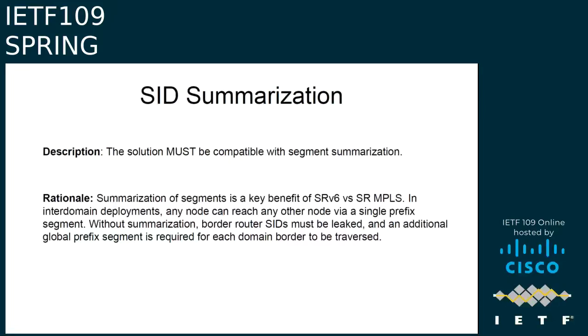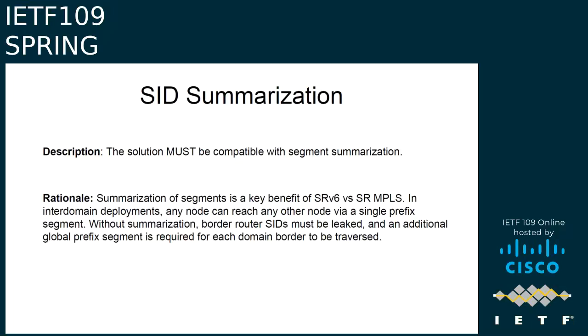So for SID summarization, I think summarization of a segment is a key benefit of SRv6 compared to SR-MPLS. In an in-domain deployment, any node can reach any other node through a single prefix segment.